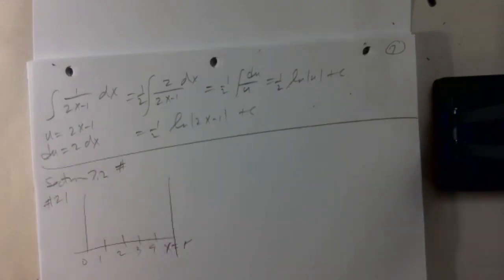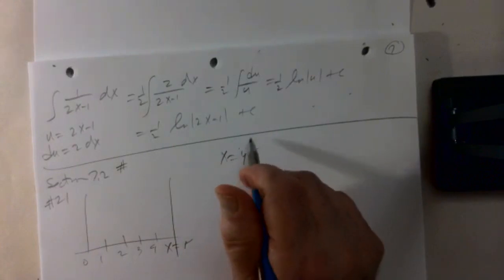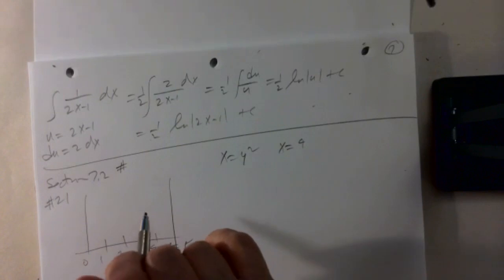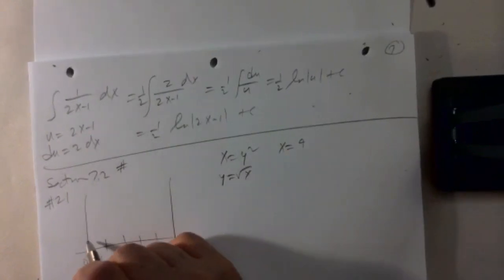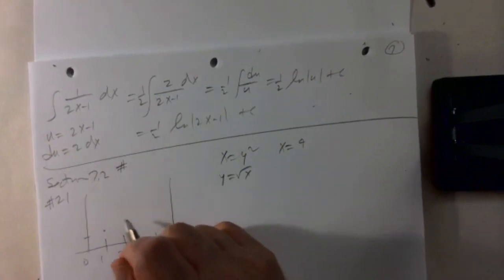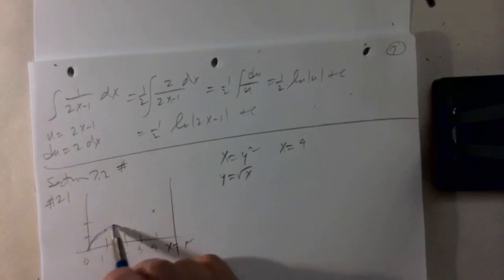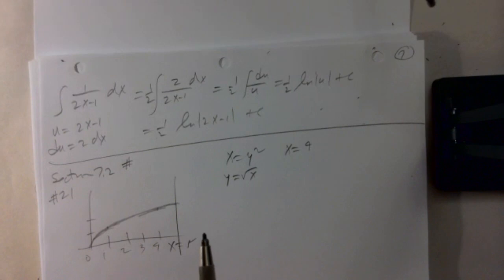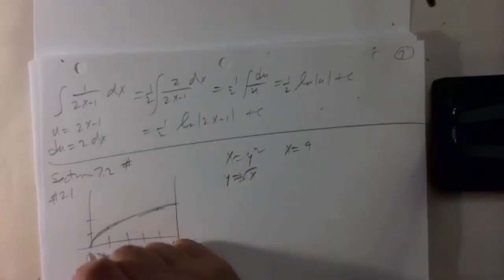So this is the line x equals 5, and we're looking at the curves x equals y squared and x equals 4. So x equals y squared, which is the same as y equals the square root of x, but actually plus or minus, and it continues.